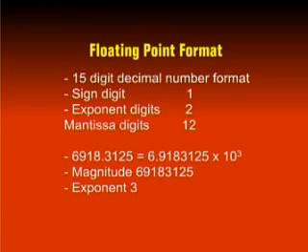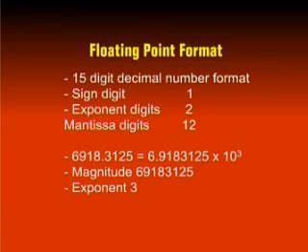The next 2 digits represent the exponent digits, and the last 12 digits represent the mantissa or the fraction part. Consider the number 6918.3125. This can be written in an exponential form, 6.9183125 into 10 power 3.